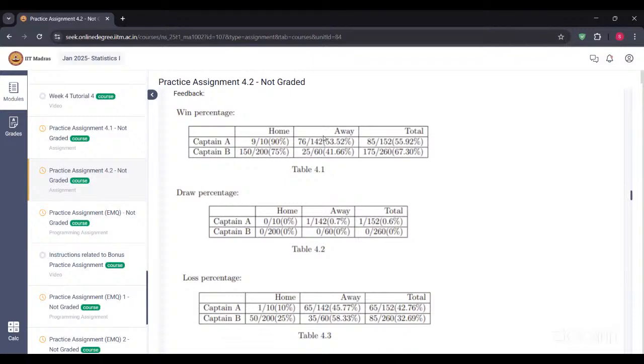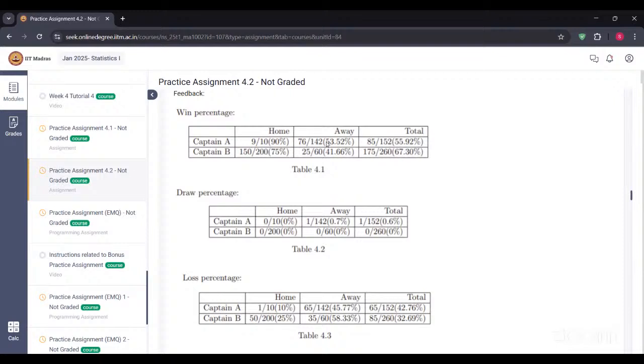Yes, because in both home and away, captain A has a higher percentage: 90 versus 75, 53 versus 41. Correct. In different groups, home is a different group and away is a different group, captain A has the highest winning percentage. But if we combine, we see that captain B has the highest percentage, 67.